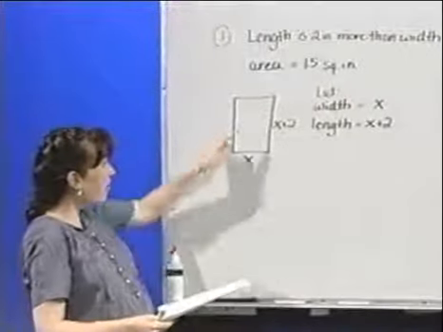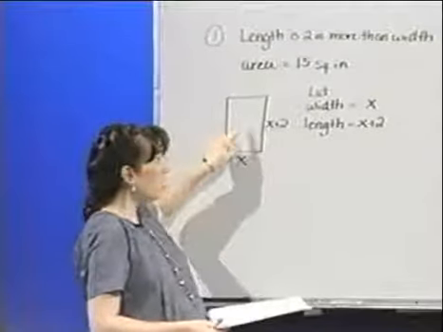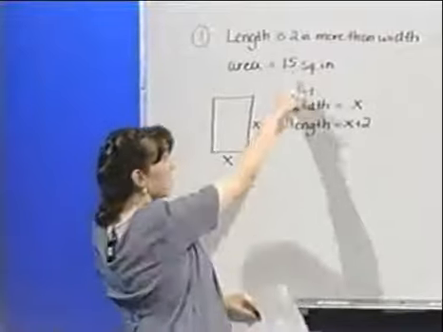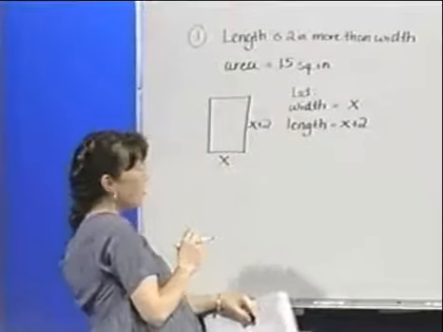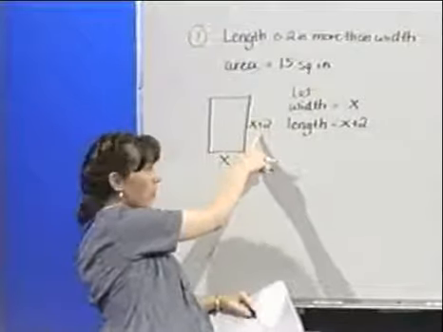Now, what do I know? I know that the area of this rectangle is 15 square inches. So that's what I'm going to use to write my equation. Area is 15. Area is also width times length, right?